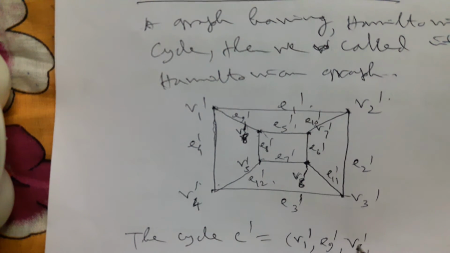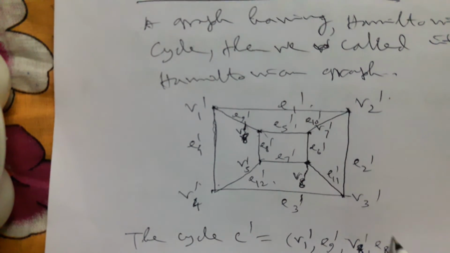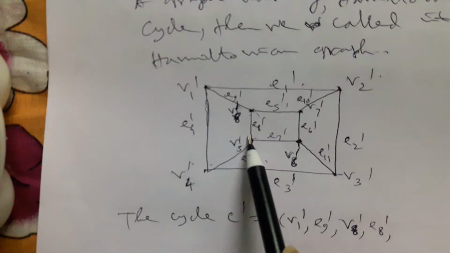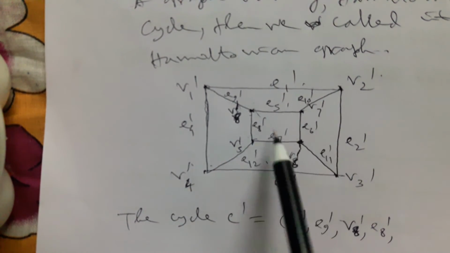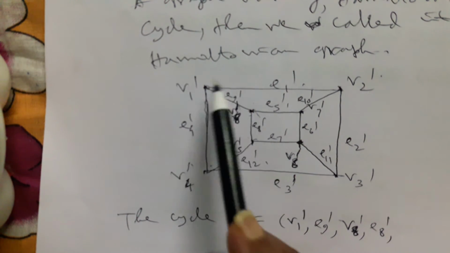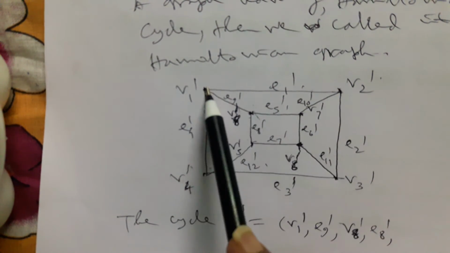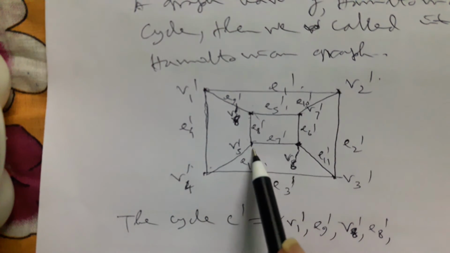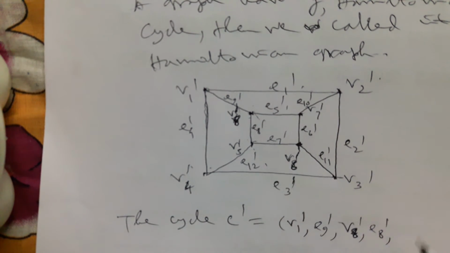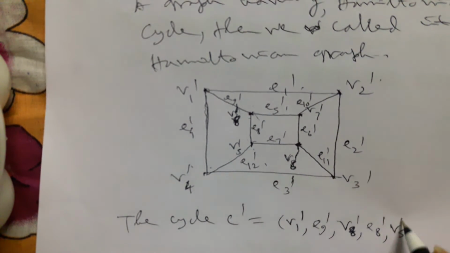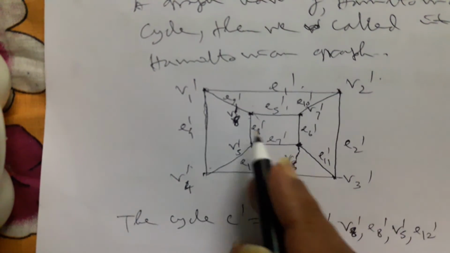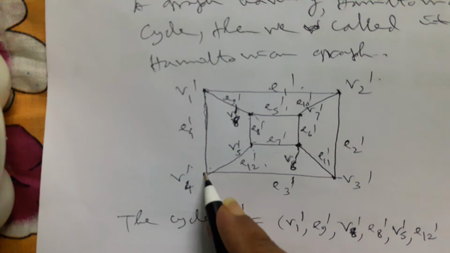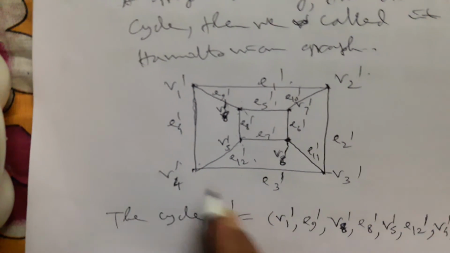So it will be V8 dash, E8 dash. That means this is a path, actually a walk or path, in this way. So V8, E8, V5 dash, then in this way E12 dash in this route, then V4 dash.